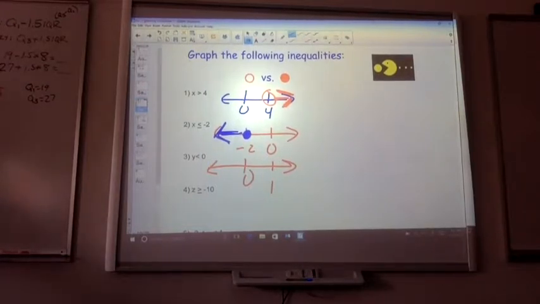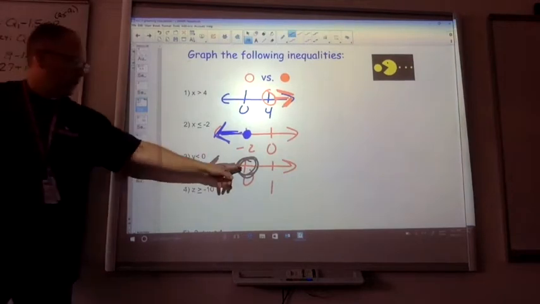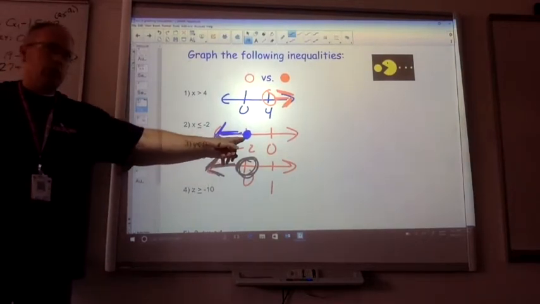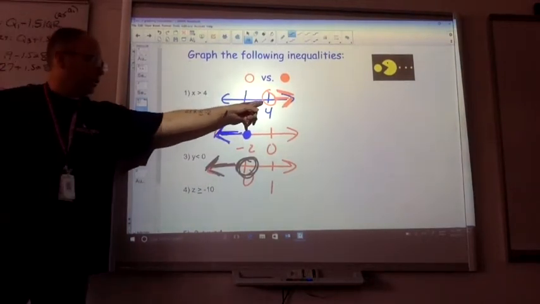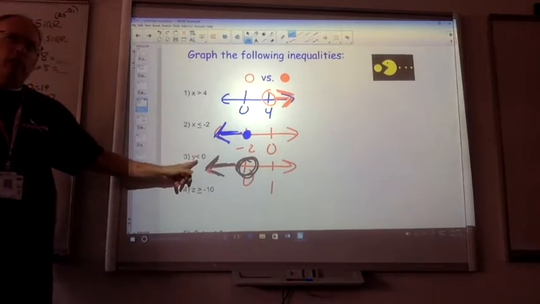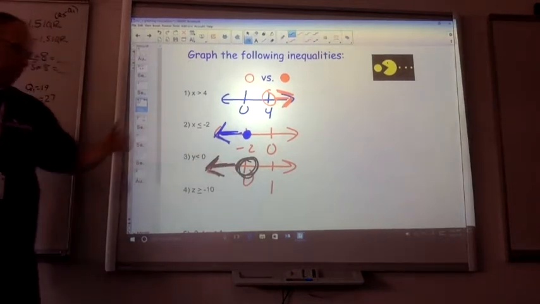And I want values that are smaller than 0. I go to the left, so -1, -2. So, solid dot or open dot? Why is it open dot and not solid? This had an equal, so it's solid. This didn't have an equal, so it's open. This doesn't have an equal, so it's open. Okay?